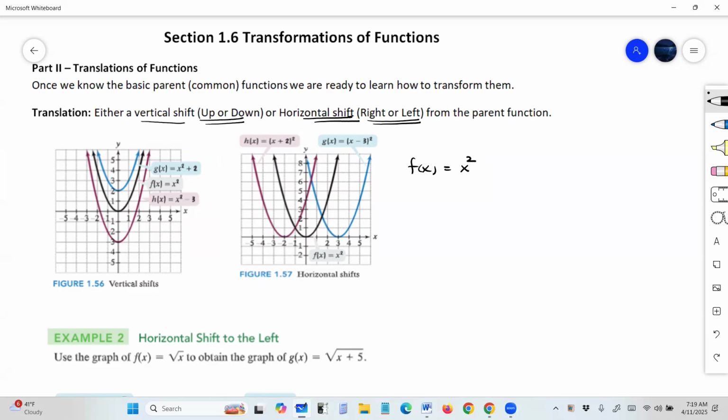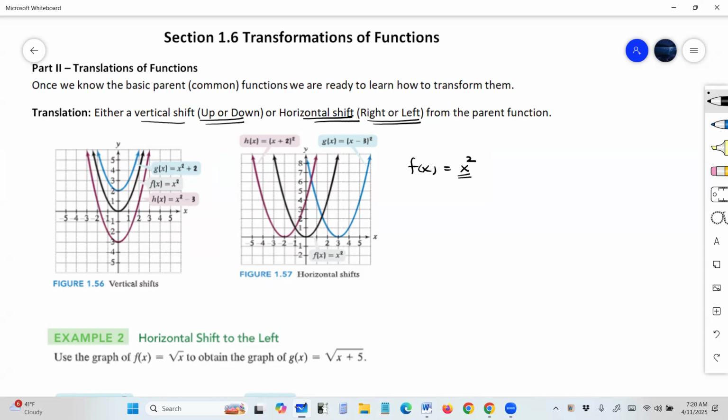Because of the shape of the graph, it's easy to see the transformation. Here is the basic function, x squared. The horizontal shift is a little more complicated, so let's look at the vertical shift first.